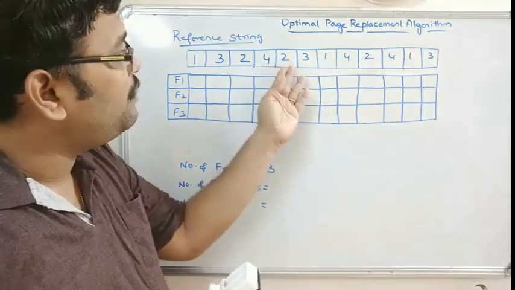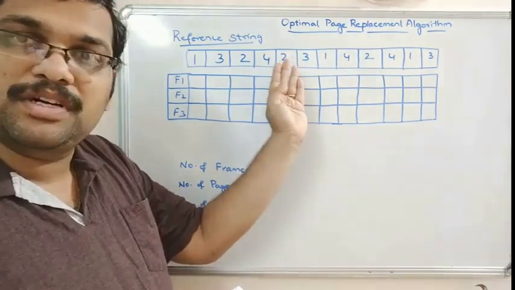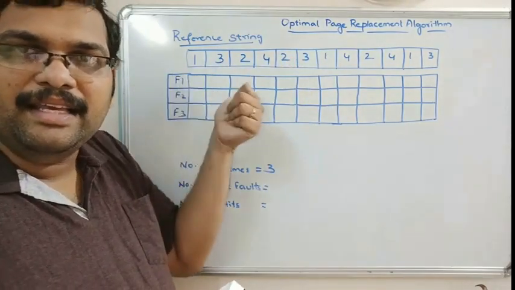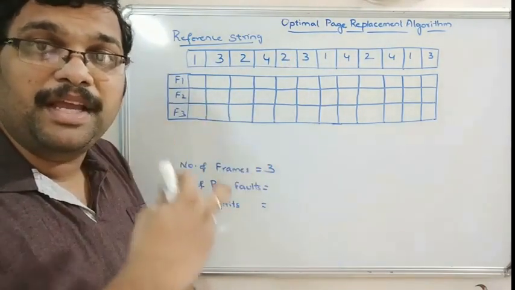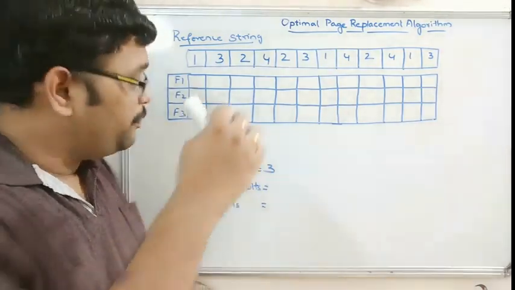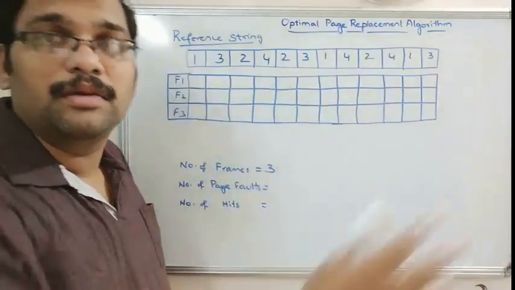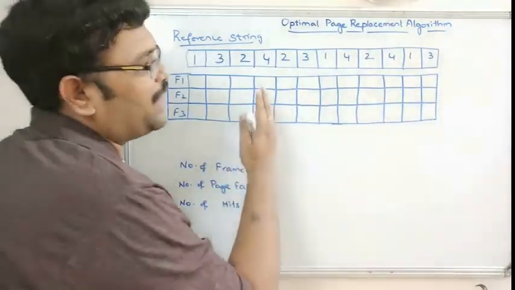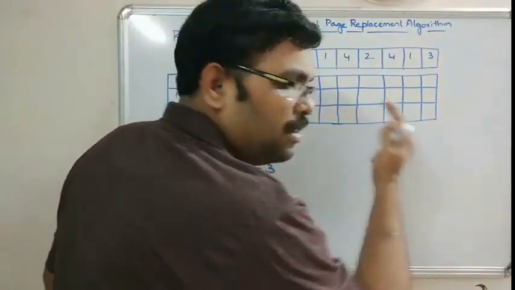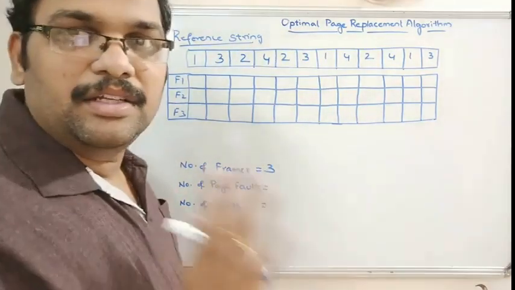For that we traveled from the required page towards the left side. And in this we have to replace the page such that it should not be used long in future. So we have to travel in the same way in the right direction.